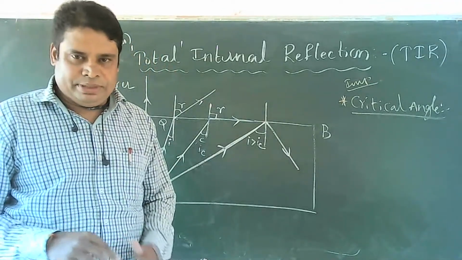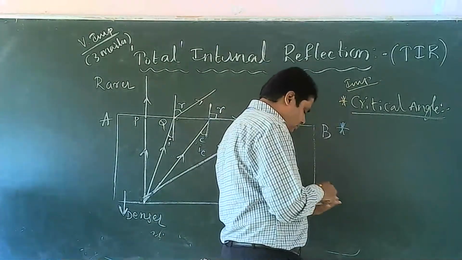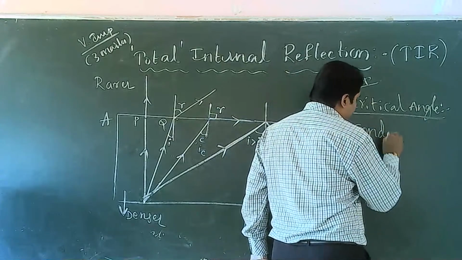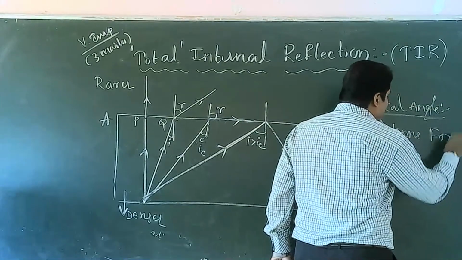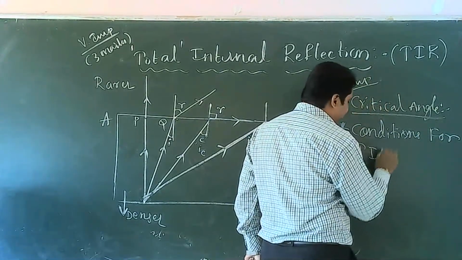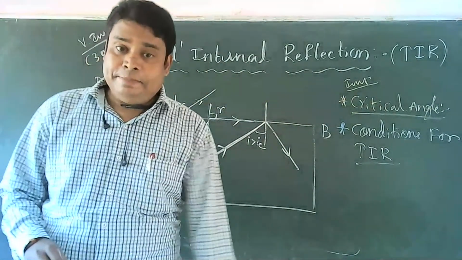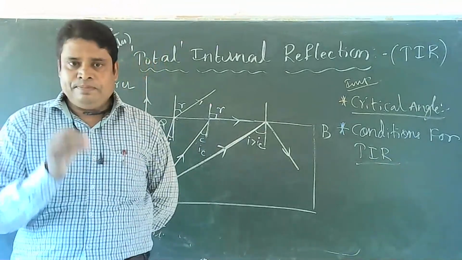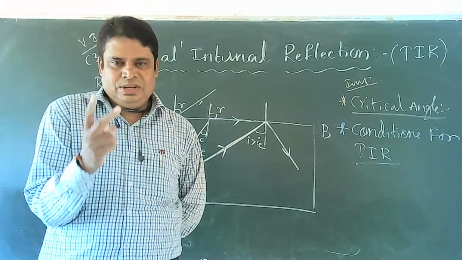This is one more definition we have to do. There is one more question: write the conditions for total internal reflection. We have two conditions.